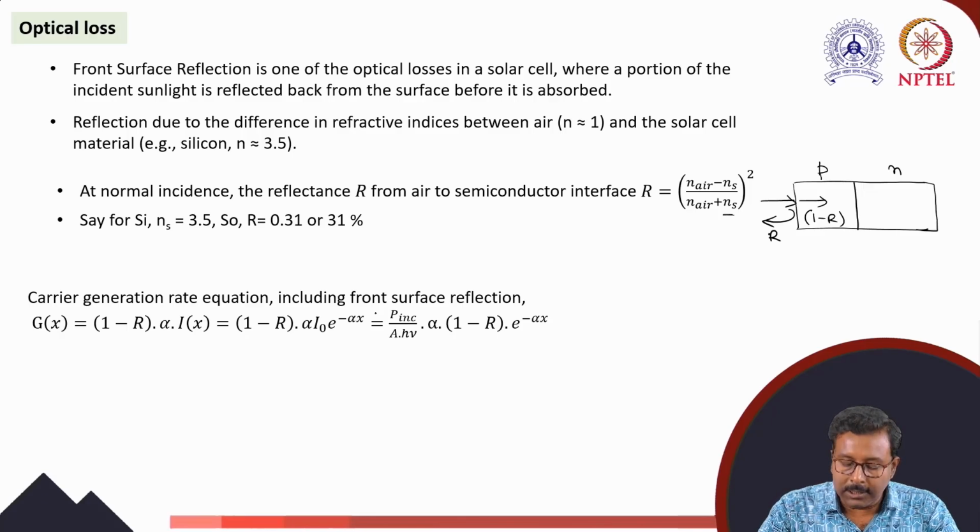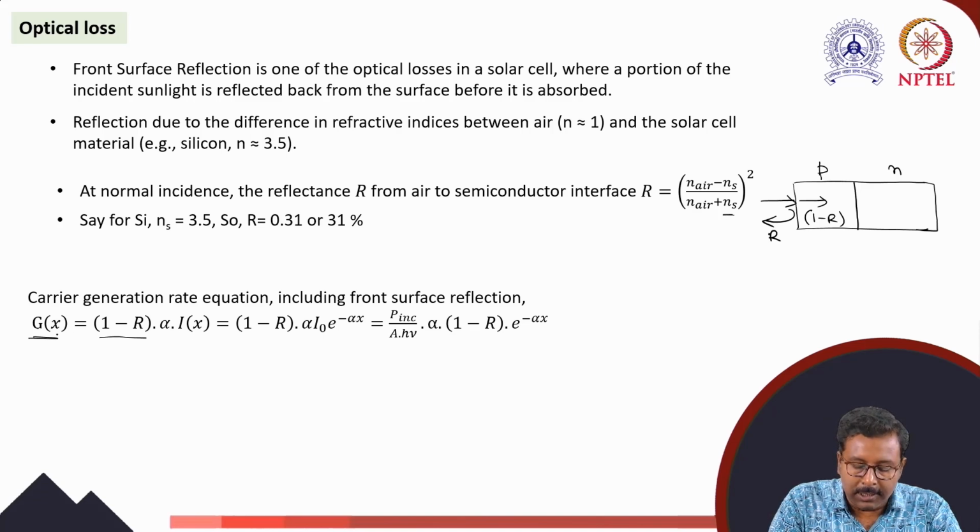The carrier generation process we discussed a few classes before: G(x), the rate of generation per volume per second, should be multiplied by a factor 1 minus R of the intensity.